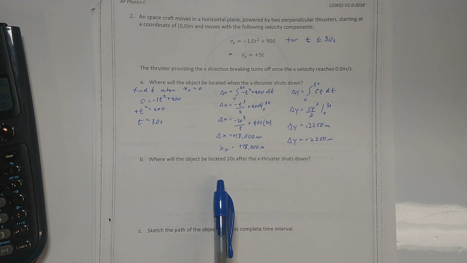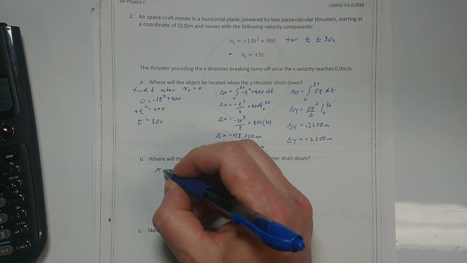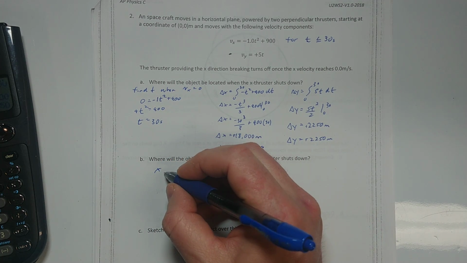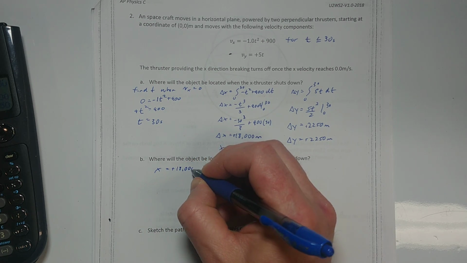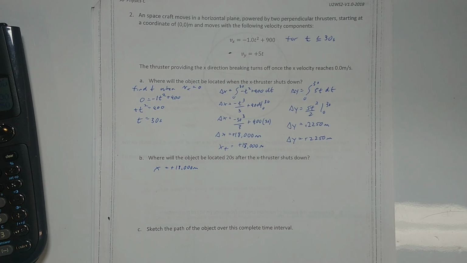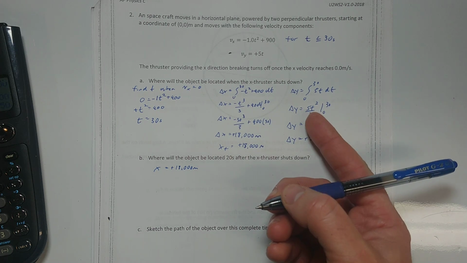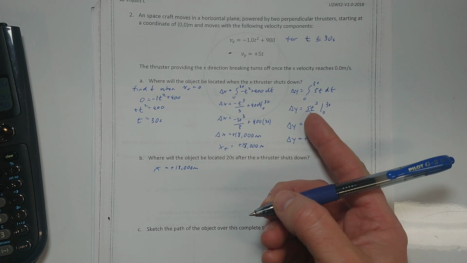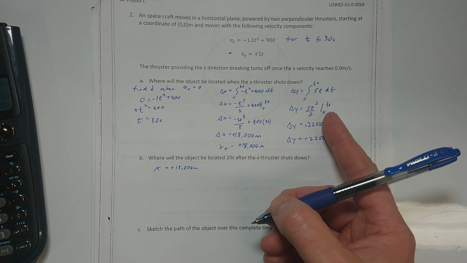So 20 seconds after the thruster shuts down, your x position is still going to be positive 18,000 meters, but it's going to keep moving in the y direction. Basically, we're going to take this now and go another 20 seconds.